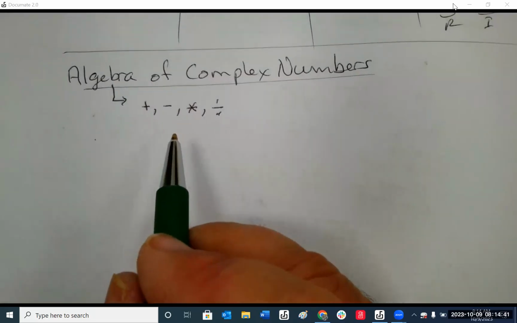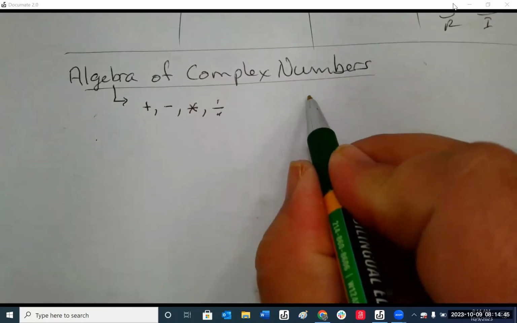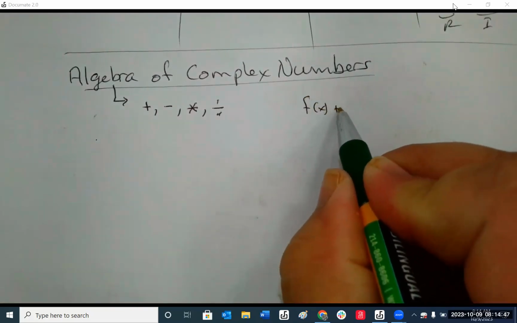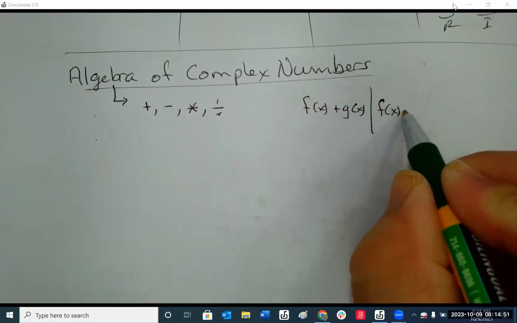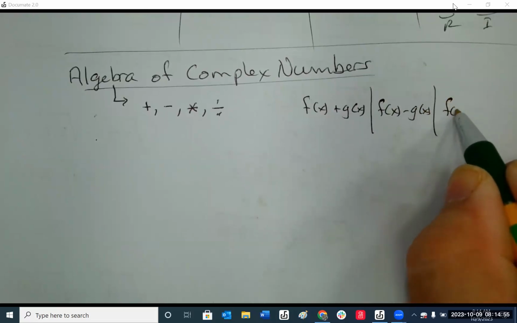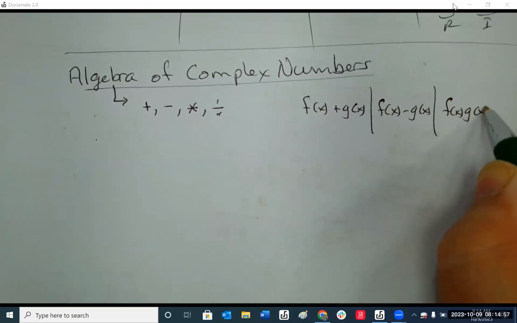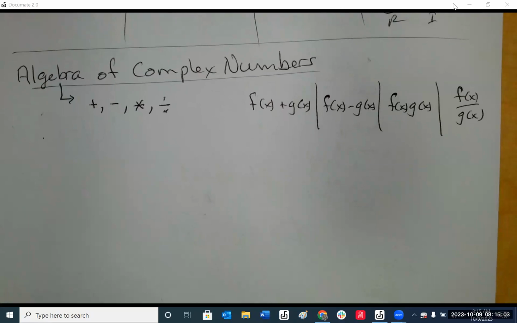Remember, we did all these with functions before, didn't we? We had f of x plus g of x, f of x minus g of x, f of x times g of x, and f of x divided by g of x. We did all that with functions in chapter 2.